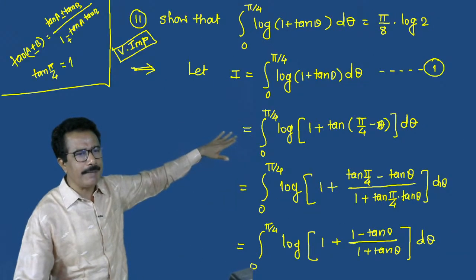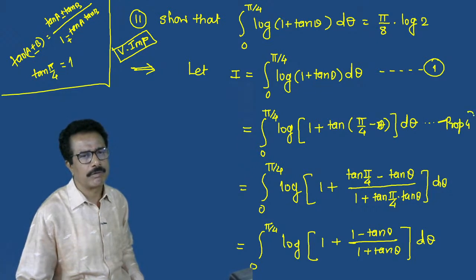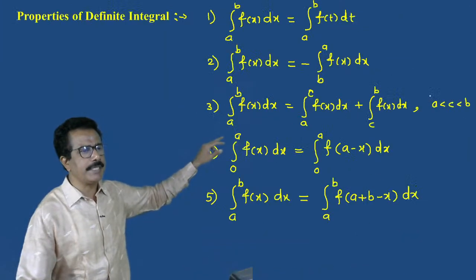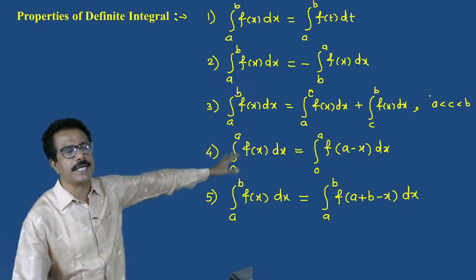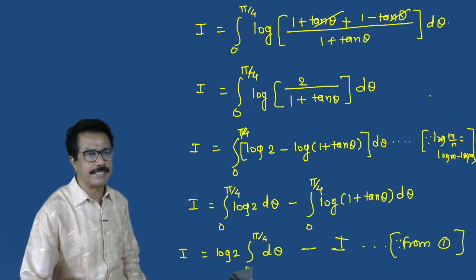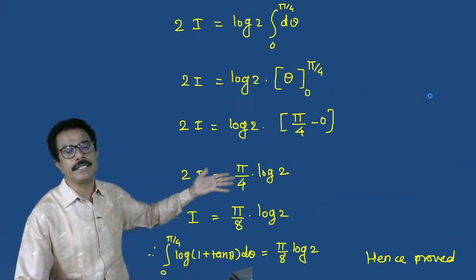Write here: by property 4. What is that property? The integral from 0 to a of f of x dx can be written as the integral from 0 to a of f of a minus x dx. That means replacing the variable in terms of the limit.